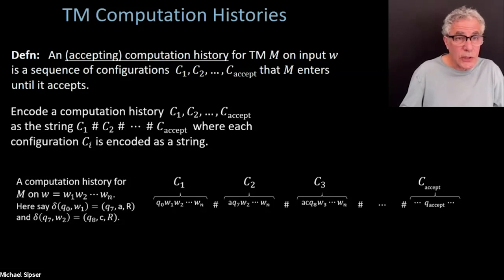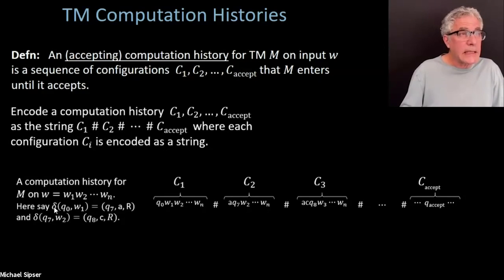I'm giving you this extra side information just to make it clearer what's going on there. So this is the first configuration. This is the second configuration, and so on. And I'm trying to give you a little bit more detail of how it might look by making the example a little bit more concrete.